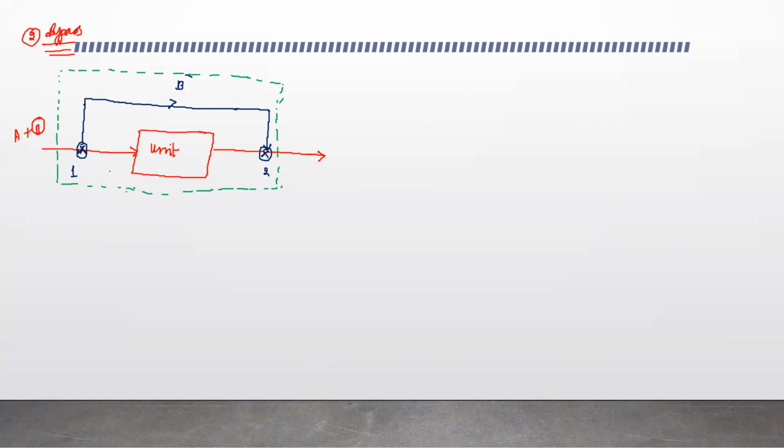Similarly, I could also form equations with respect to this unit. Also, we can form equations for junction number 1 as well as junction number 2. So we'll have 4 equations and we can simply solve problems using bypass operation.